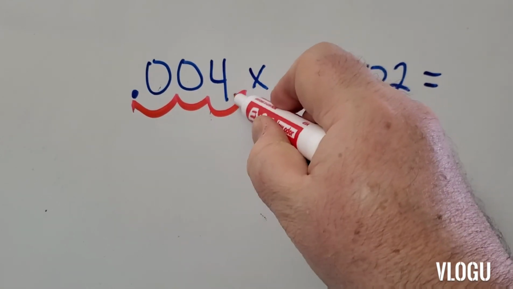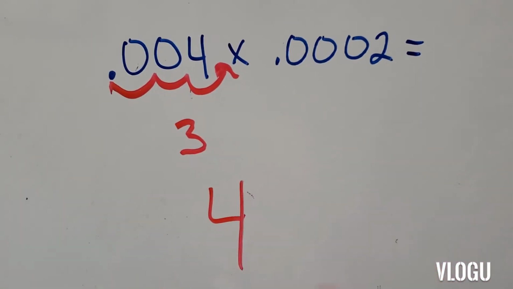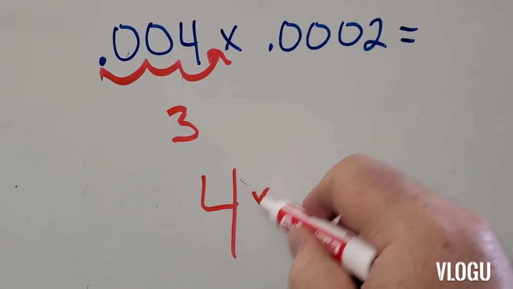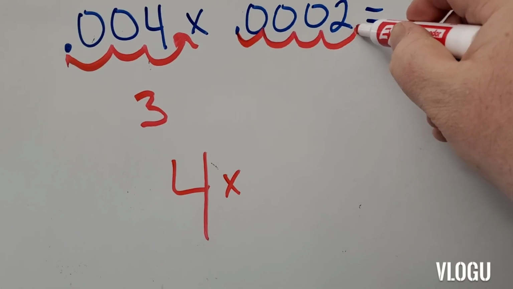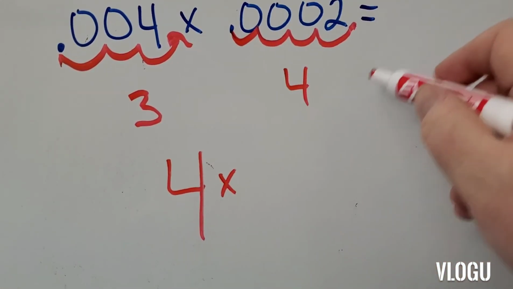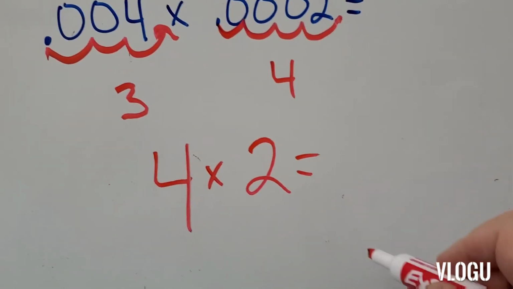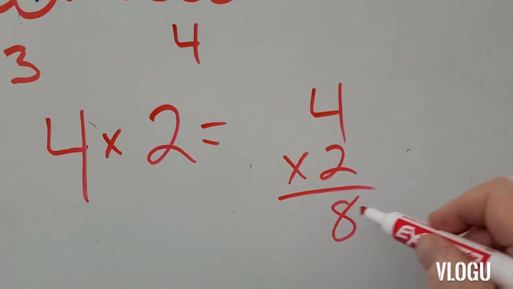Bloop, bloop, bloop. I blooped 3 spaces and made that a 4 times 1, 2, 3, 4. I blooped 4 spaces and made this a 2. Now my math is easy. 4 times 2 is 8.